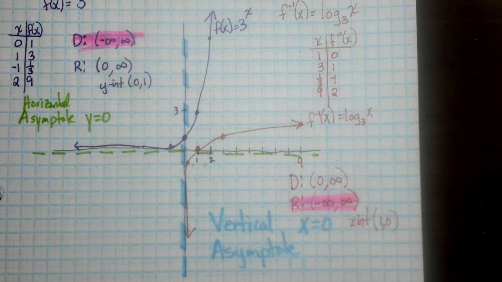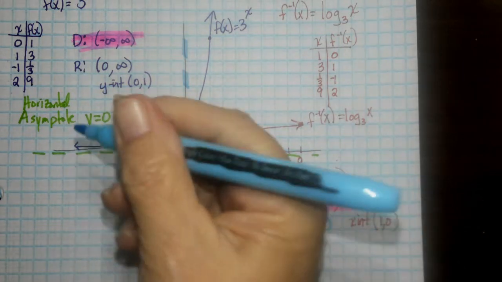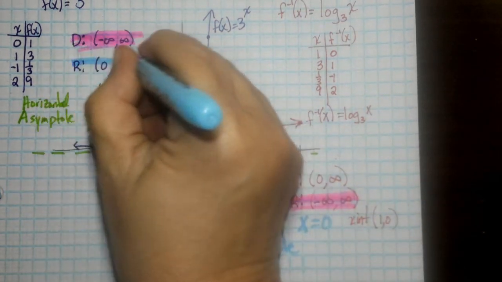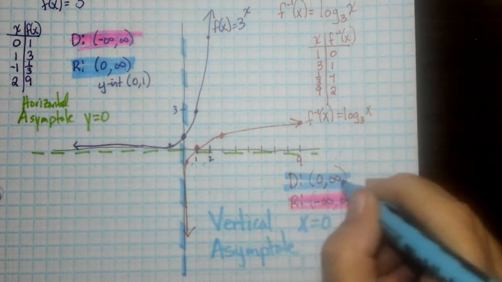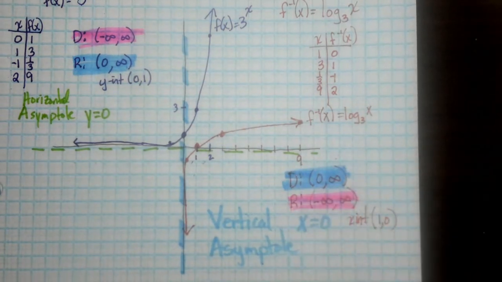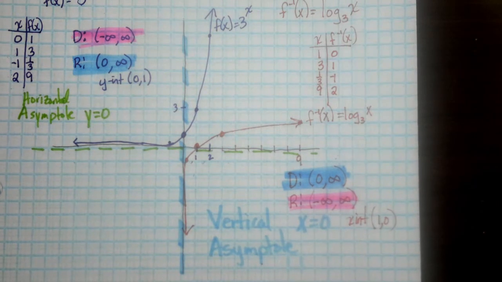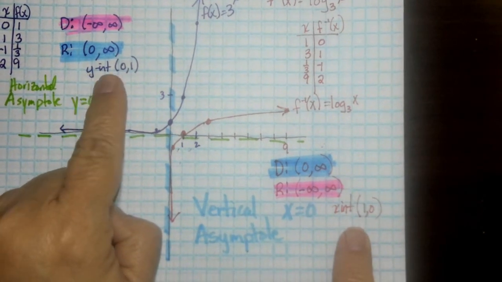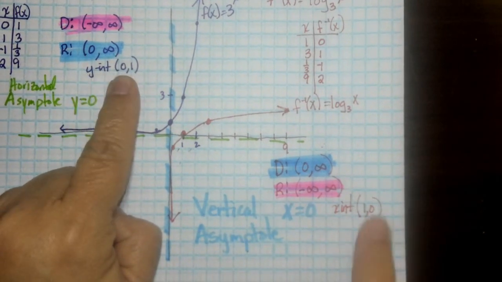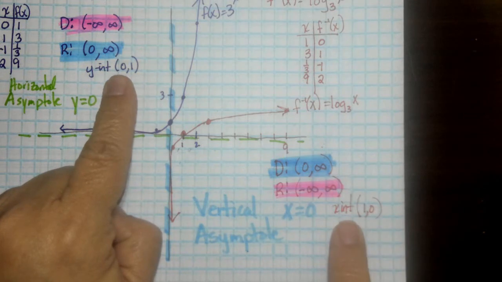And then if I take a different color highlighter, notice that the range of my exponential is the same as the domain for my logarithmic. Then look at our intercepts. Y-intercept 0, 1, x-intercept 1, 0. See that connection?